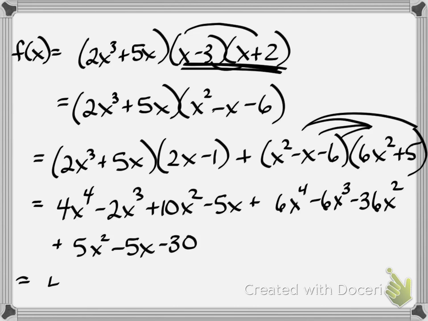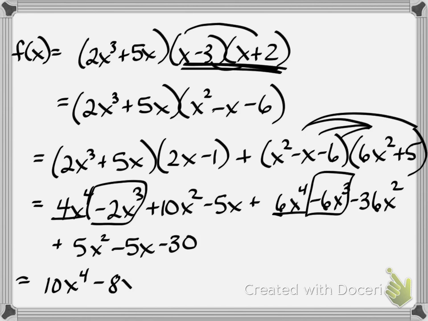So like terms, we've got 4x to the fourth. There was another 4x to the fourth. So 10x to the fourth. Then we have some x cubes. So negative 8x cubed.